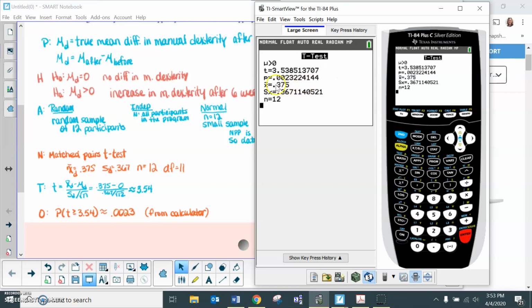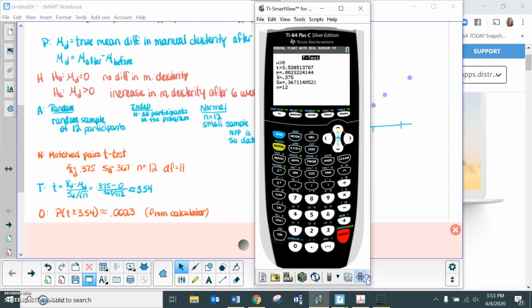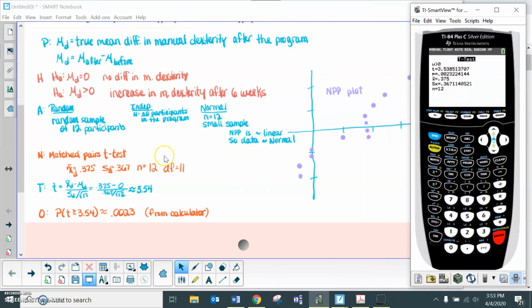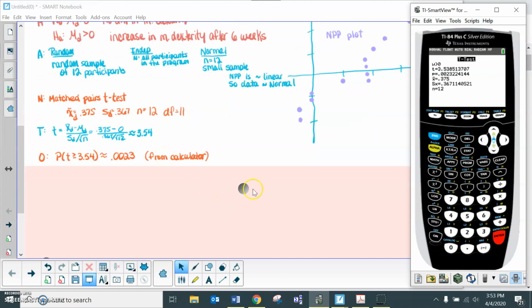Here we do. So that's kind of a nice thing. A lot of people I know were complaining that they were not comfortable with that issue. So there I've got my information. Now I can take that calculator and set it aside, and now I can move forward with my decision making.